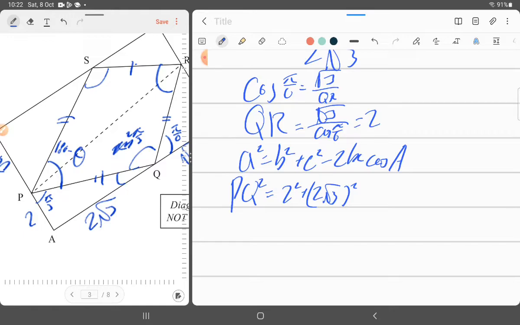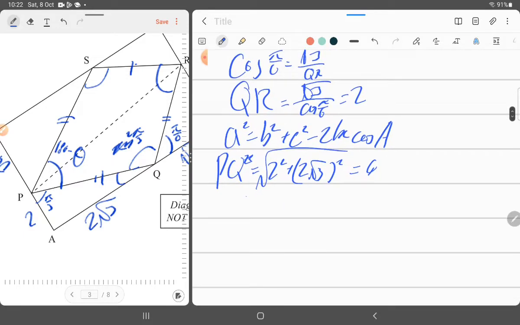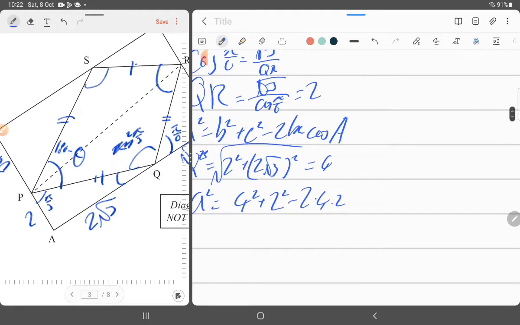Oh, no, alright, so PQ is equal to 4. So a squared is equal to 4 squared plus 2 squared take away 2 times 4 times 2 cosine 2 pi over 3.